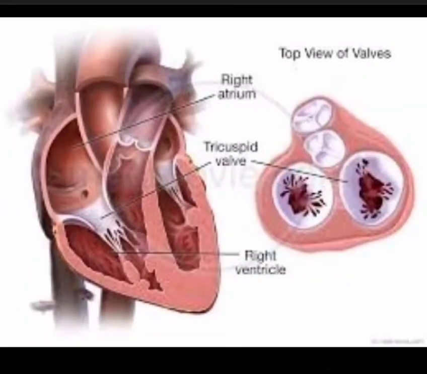Blood flows in this direction, so the valve closes and prevents blood from moving back. Blood also flows in this direction, and then it prevents blood from moving in the opposite direction.